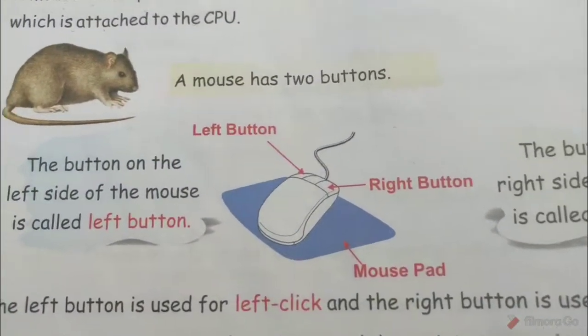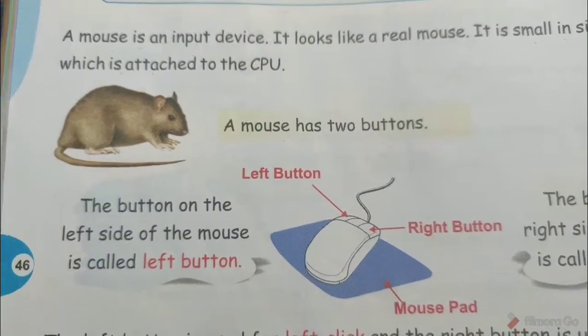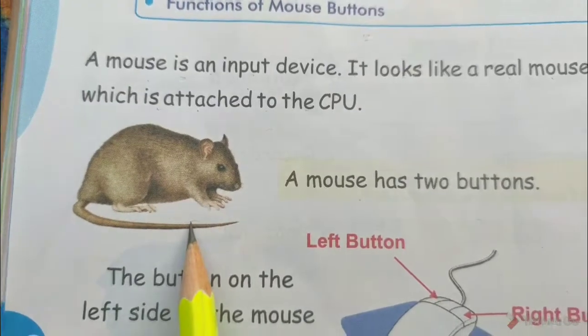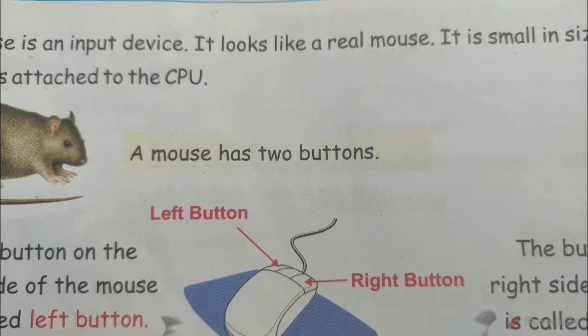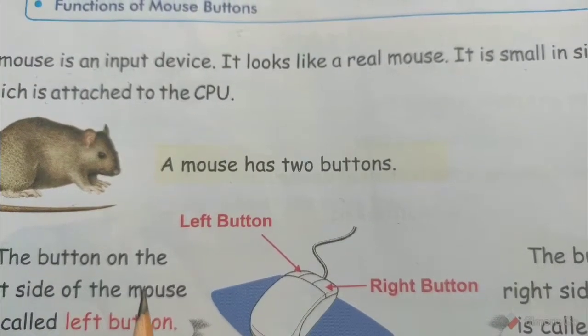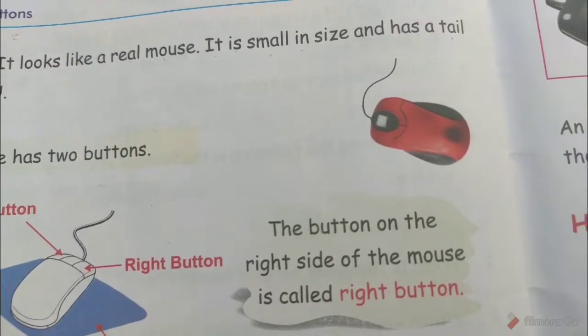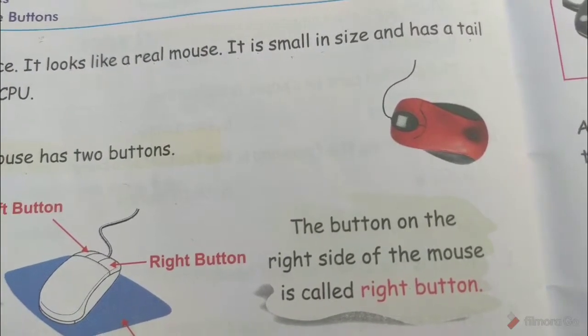Children, this is a mouse. You can see over here that it is identical to a real mouse. A mouse has two buttons. This is the picture of a mouse. This is how a computer mouse looks.